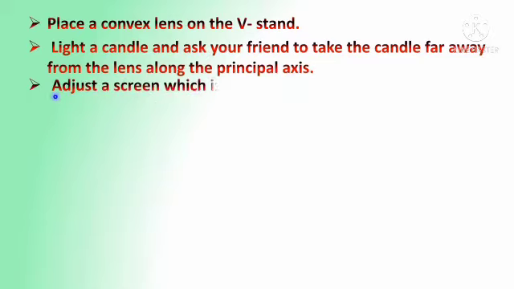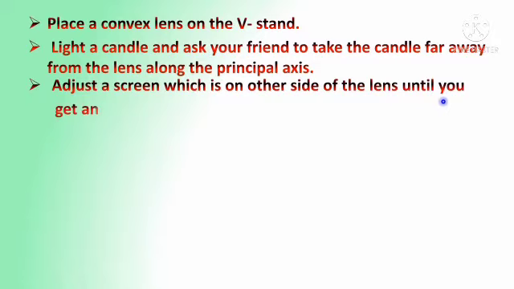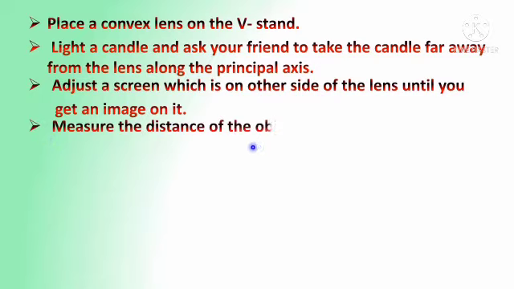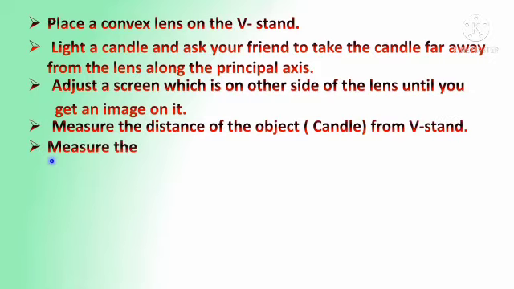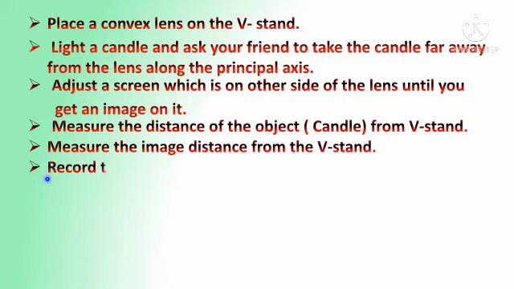Adjust a screen on the other side of the lens until you get an image on it. Where we get the image on the screen, that means paper. Measure the distance of the object, the candle, from the V-stand. Measure the image distance, that is from the V-stand. Then record the values in the table.